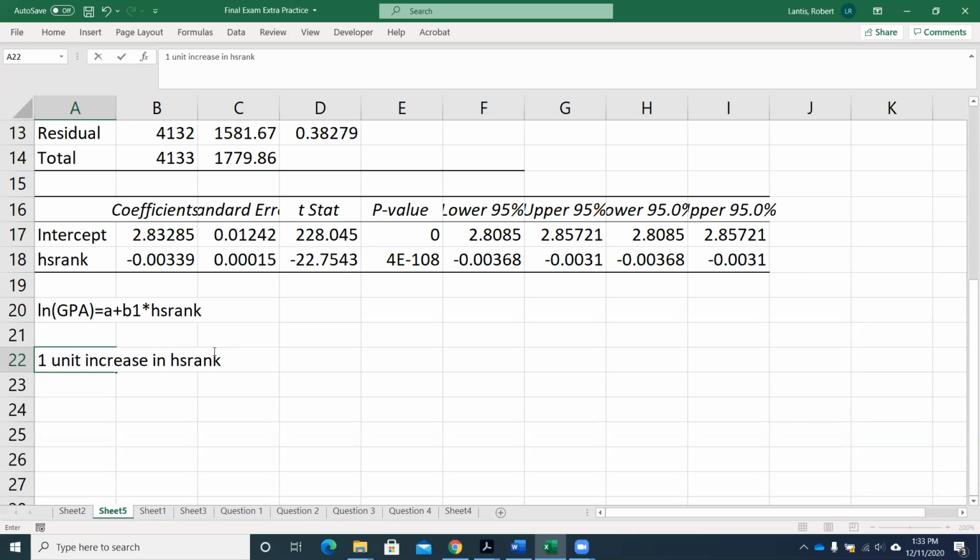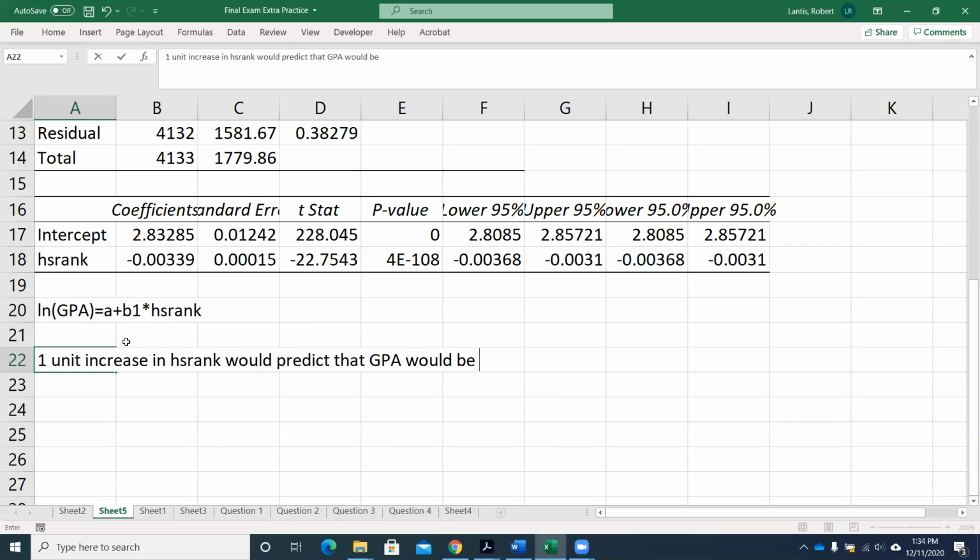It's going to predict that GPA would be, now here, we have this log level, going from units to percentages. The effect, let me make sure I don't mix this one up.